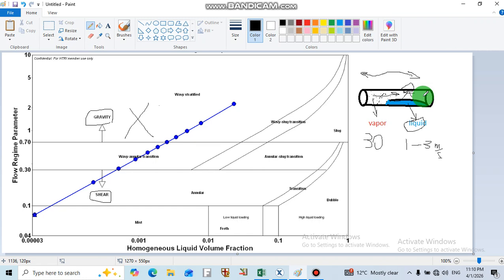As a process engineer, it's totally your responsibility to make sure that you are in the shear flow regime, where your fluid is operated in the shear-controlled dominated flow regime. That's the real concept behind the difference between gravity and shear flow regime.